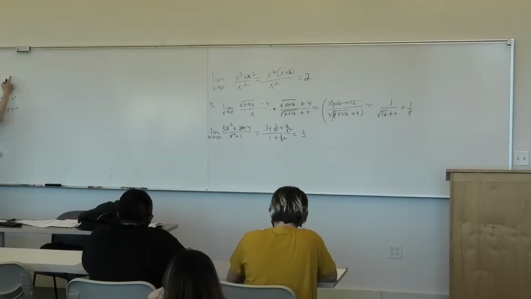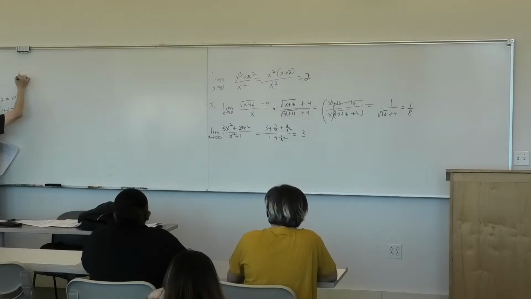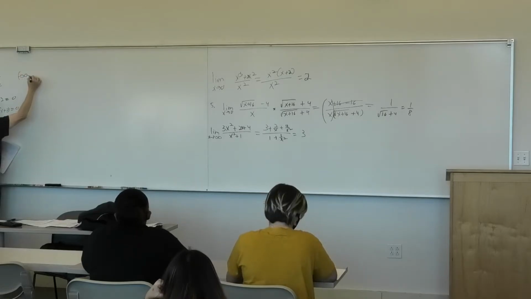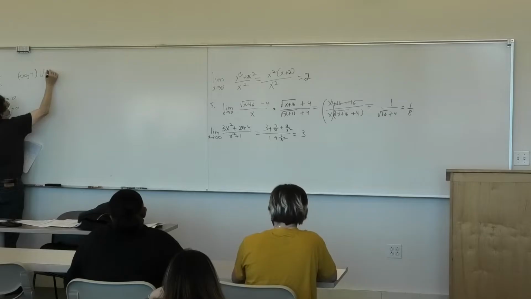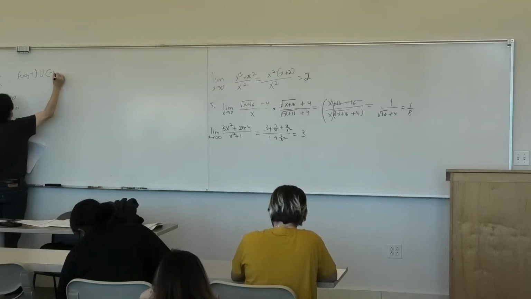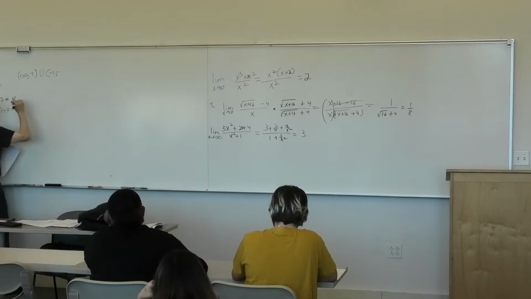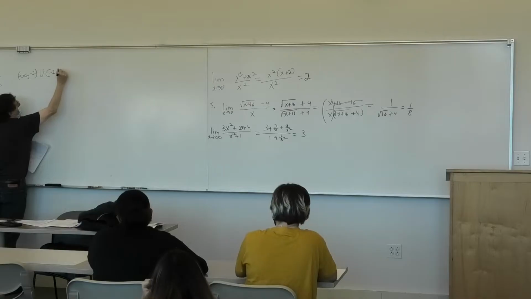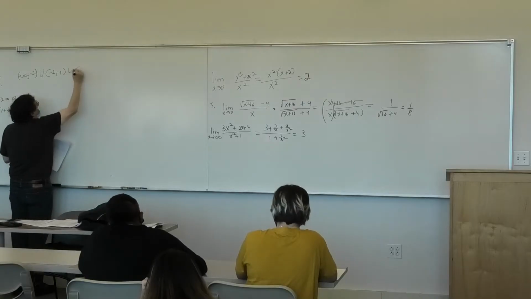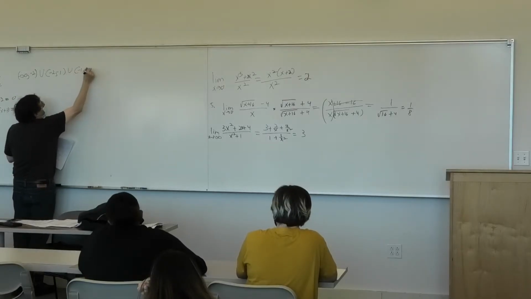So this is continuous on the interval negative infinity to negative 2, negative 2 to negative 1, and negative 1 to infinity.